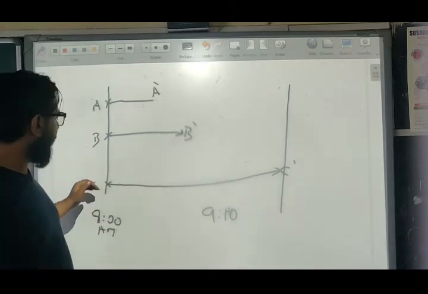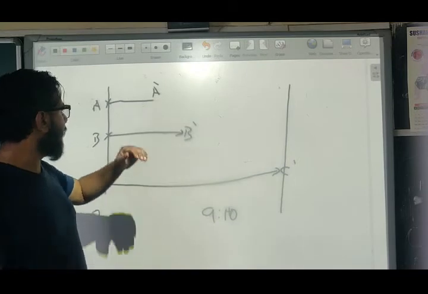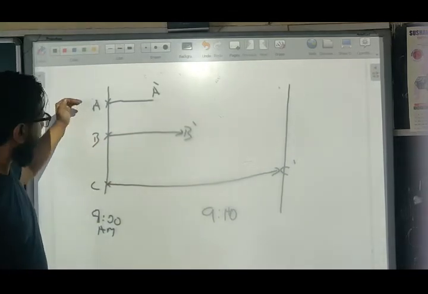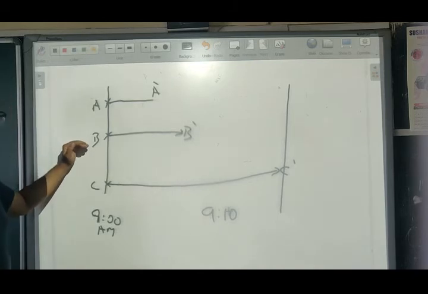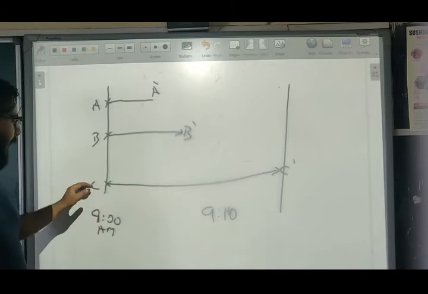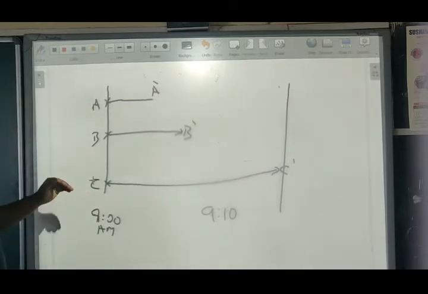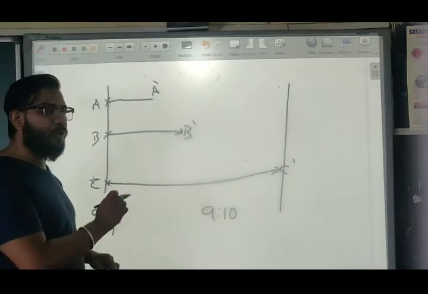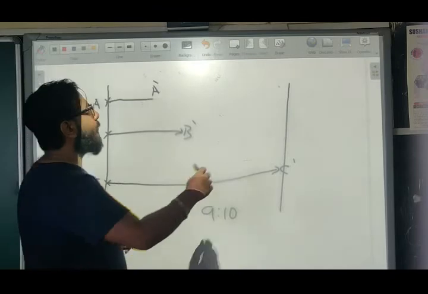During those 10 minutes, it covered the largest distance compared to B and A. Compared to A, B is faster, and compared to B and A, C is faster. In this case, C is the fastest. I think this will help you solve the questions in the book. There are certain questions based on this.